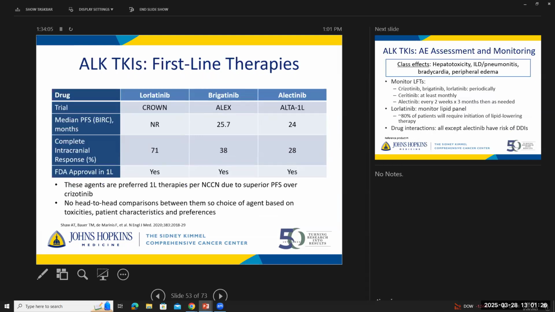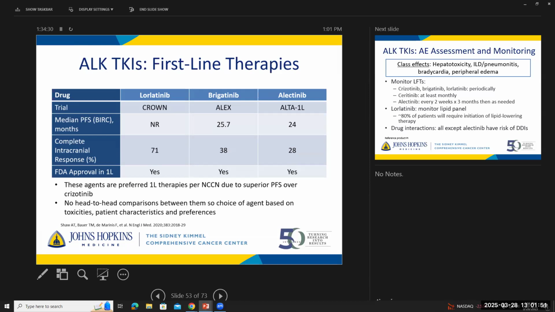So when we are talking about metastatic ALK positive patients, we have 3 options. And there's no head-to-head trial to tell you which one of these 3 is superior, okay? So all 3 of these are an option when we're talking about metastatic patients. Which one of these drugs is the only one that we ever give in the adjuvant setting, though? I think this girl in the front, you had it. Alectinib, right? Correct.